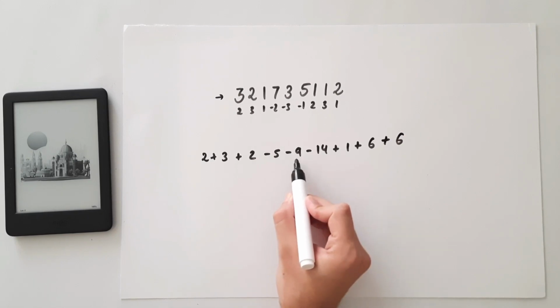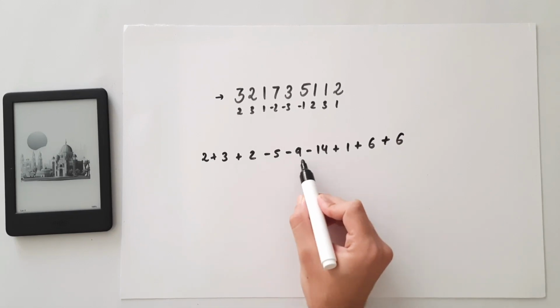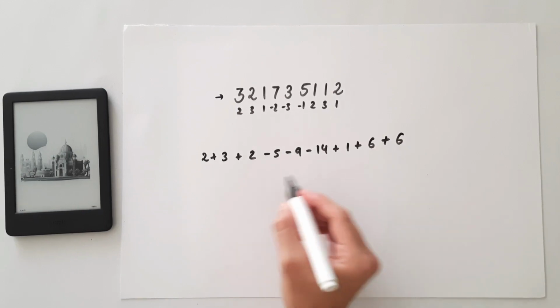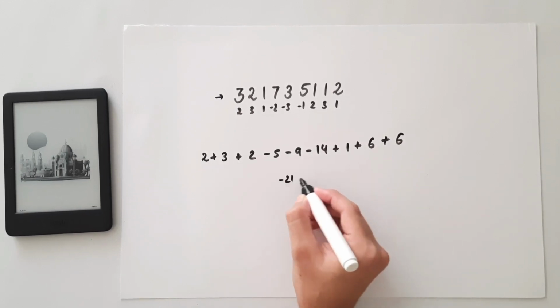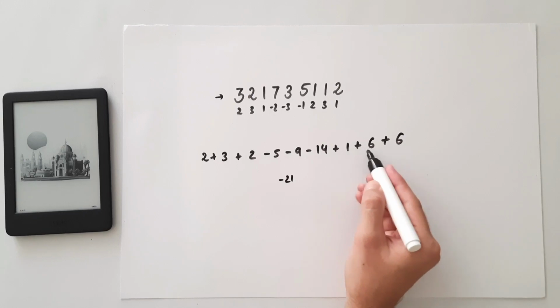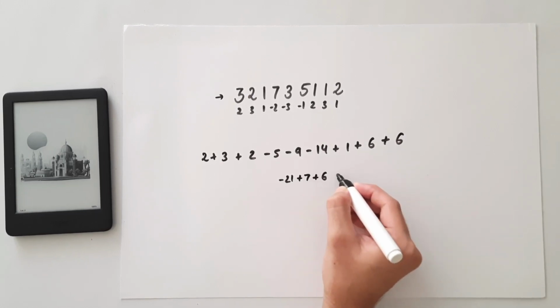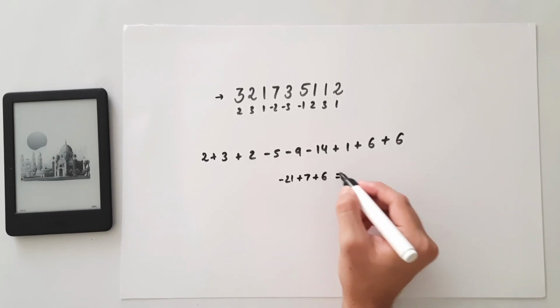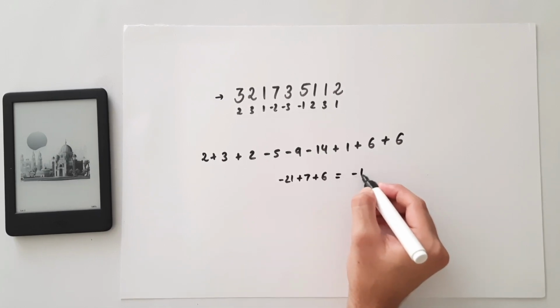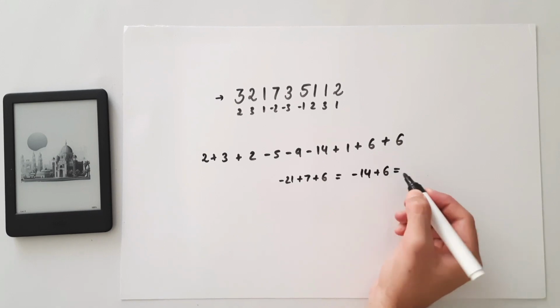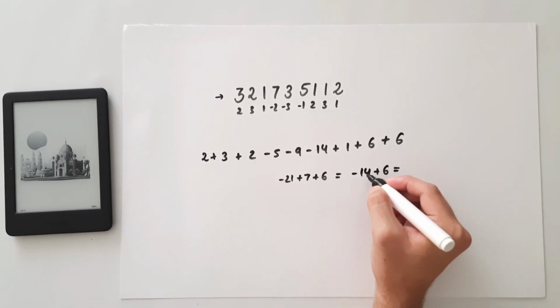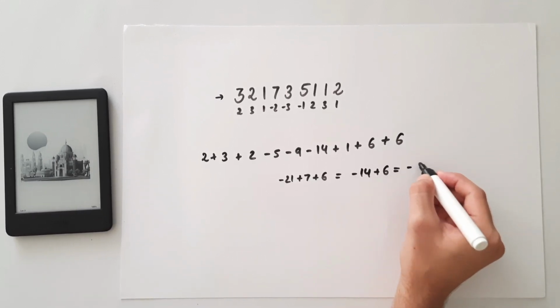And 2 minus 9 will be equal to minus 7. Minus 7 minus 14 is minus 21. And then we have plus 6 plus 7 plus 6, so minus 21 plus 13, and that is nothing but minus 8.